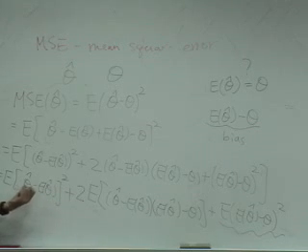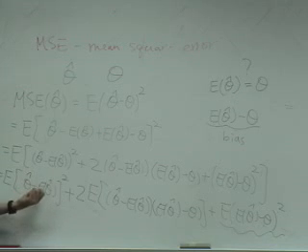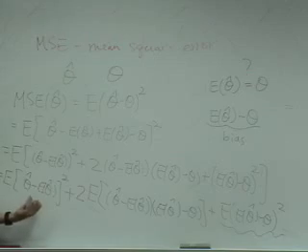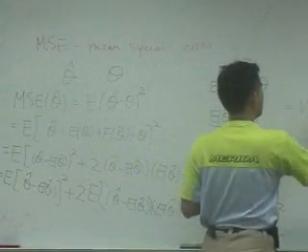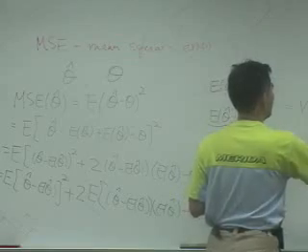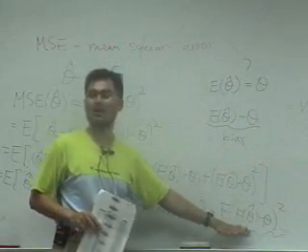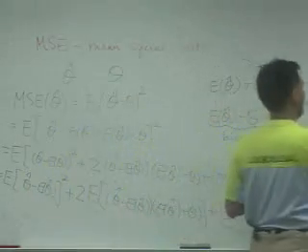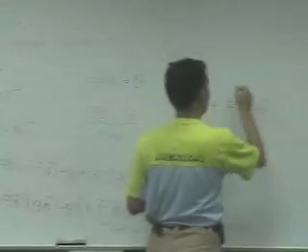Theta hat minus expectation theta hat, x minus expectation x. So what is this? This is variance, right? So this is variance of theta hat. And for the second part, we already talked about it. It is bias of theta hat, squared.